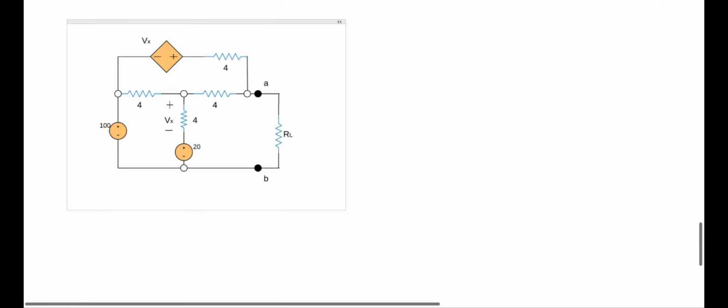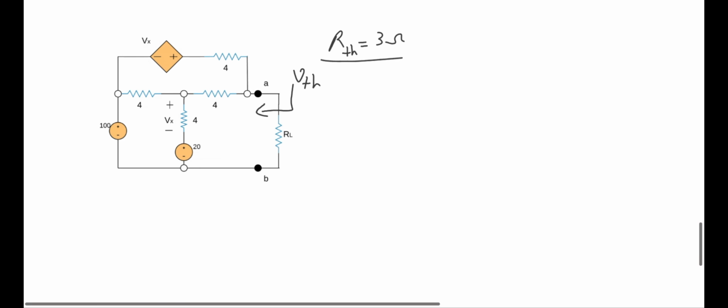Okay, now let's continue to calculate the Thevenin voltage seen from here. So the Thevenin resistor was 3 ohms. For the Thevenin voltage, I need to just cut off the load from these two terminals and then try to redraw the circuit.